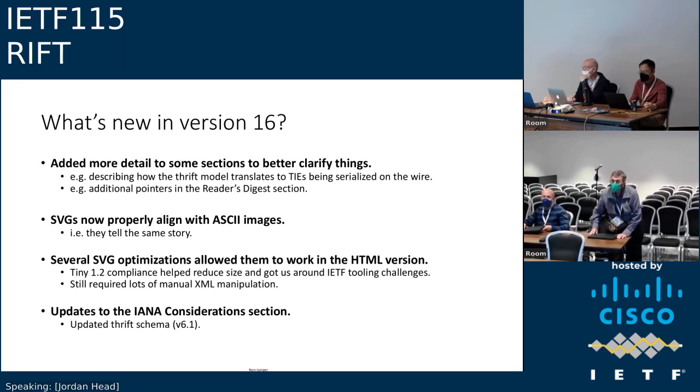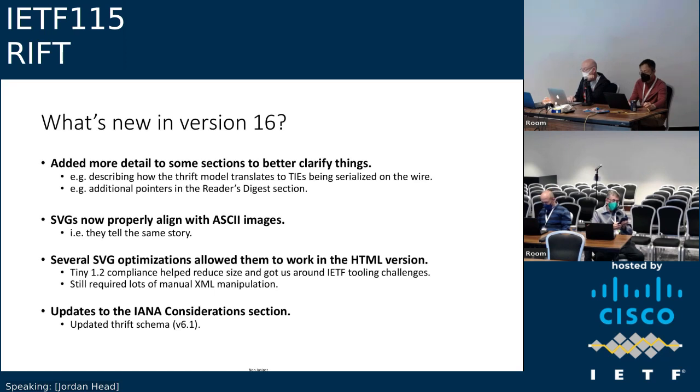Beyond that, SVGs and ASCII art now align properly, and what I mean by that is they tell the same story and provide the same value regardless of the format of the draft that you're reading, as was intended. It's worth noting we got some pretty good feedback from external readers as well, so it's good to know that those are actually helping.